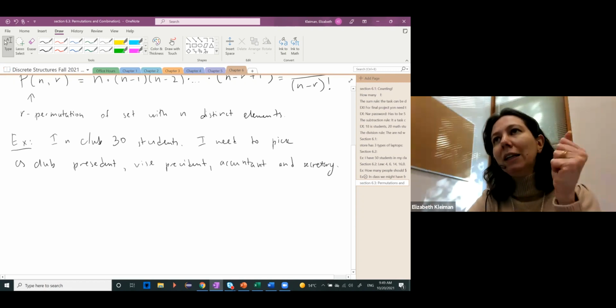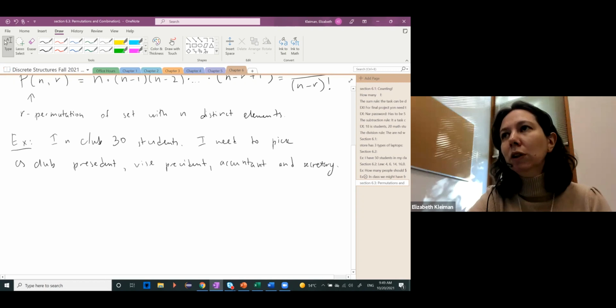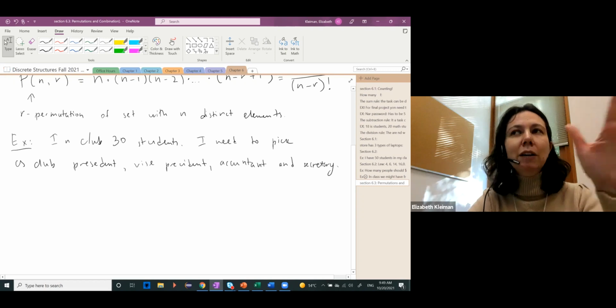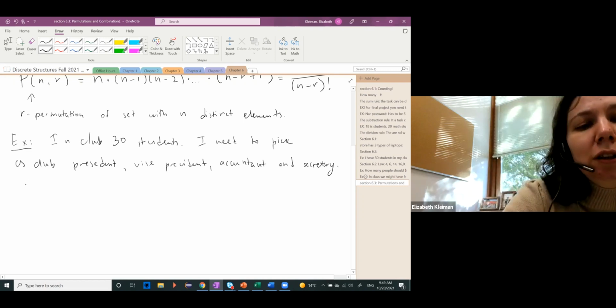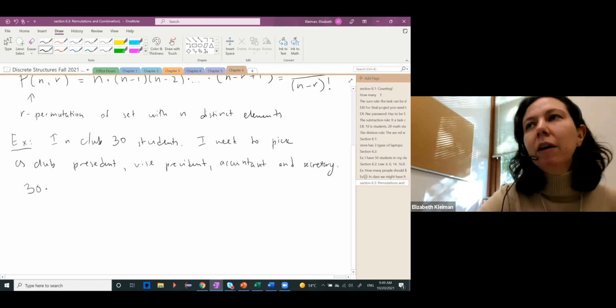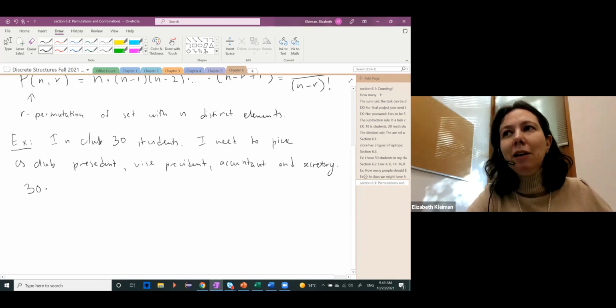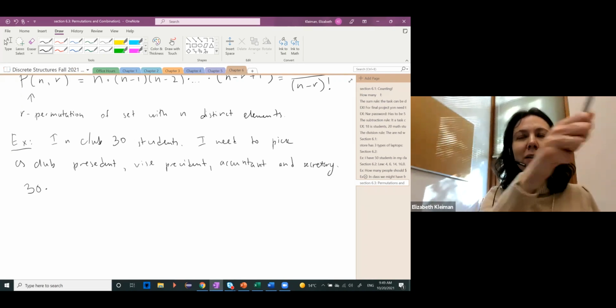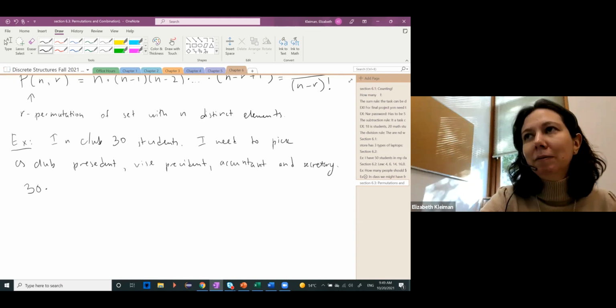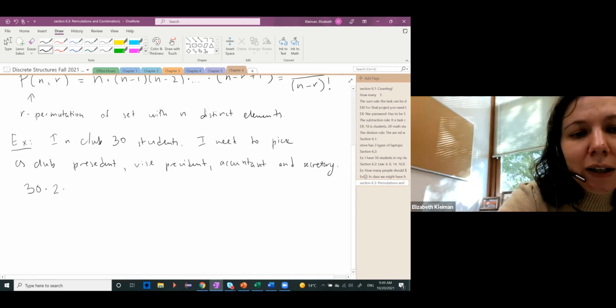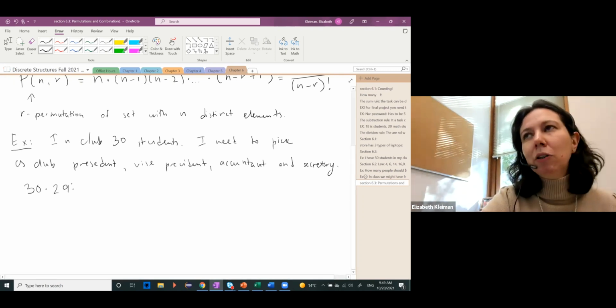In how many ways can I pick a president out of those 30 students? I just need one person. I have 30 in front of me. I have 30 options, correct? Now I grabbed my president. He stands near me. I need vice president. And how many ways can I pick my vice president? In 29. What about accountant?